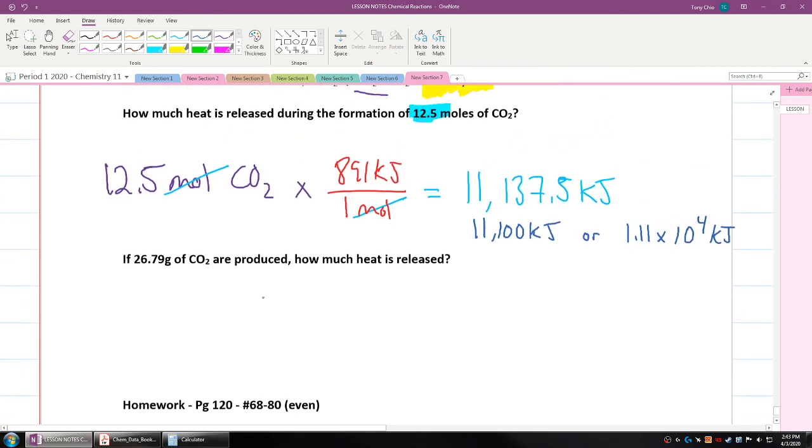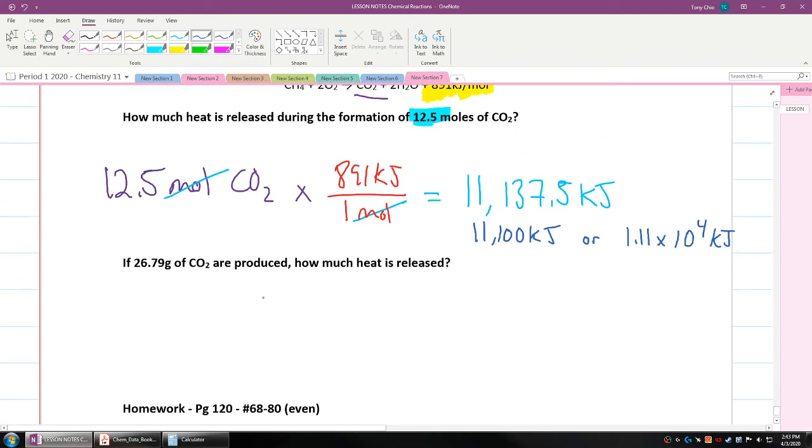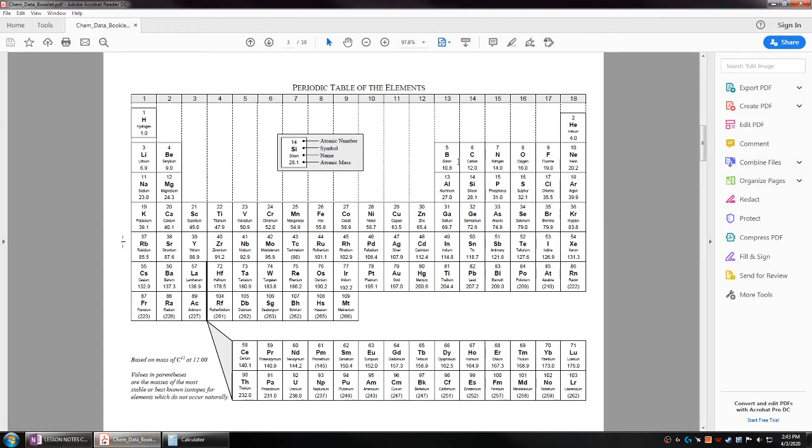Now, if you want to pause the video to try the next one, you can. But if not, I'm going to progress on to the next one. So this one you have 26.79 grams of CO2. Our first step is we need to get to moles. How do you get from grams to moles? You use the molar mass of CO2. If you look at your data booklet, you're going to see that carbon is 12 and oxygen is 16.